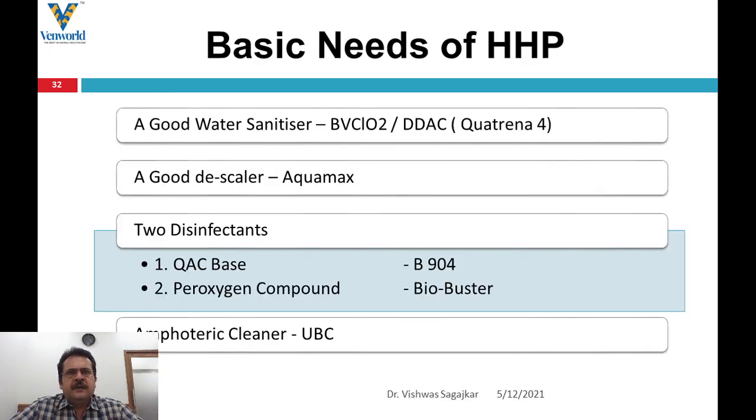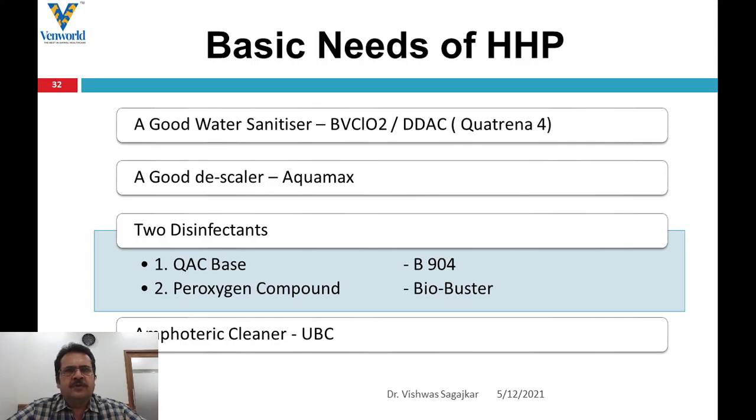So as I said, the basic needs of the hatchery hygiene program: a good water sanitizer like BVClO2 or DDAC, Quatrina. A good descaler, Aquamax. Two disinfectants to be used alternatively: quaternary ammonia compound based B904 and peroxygen compound Biobuster. And an amphoteric cleaner, which is UBC.